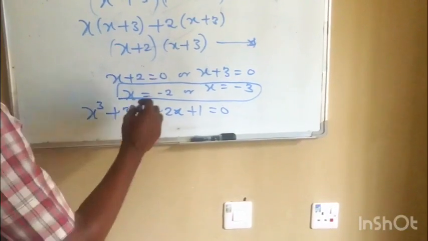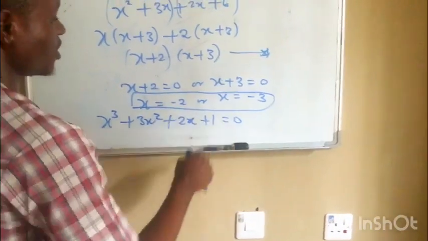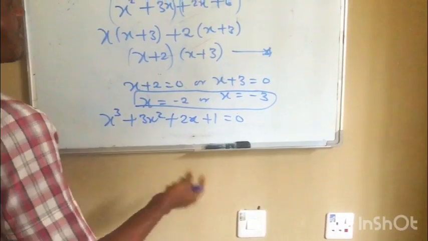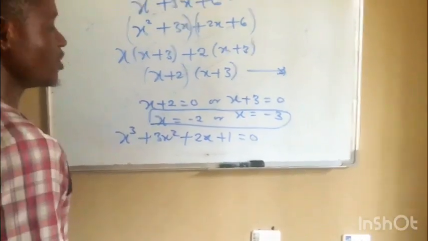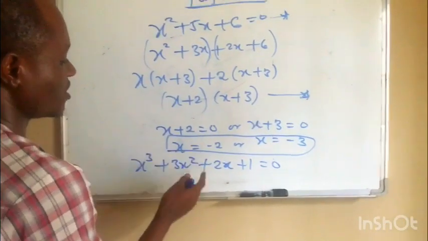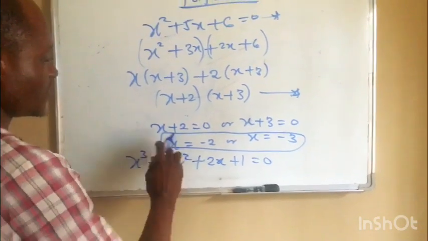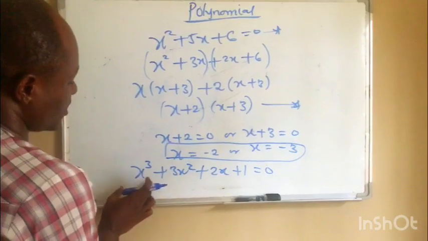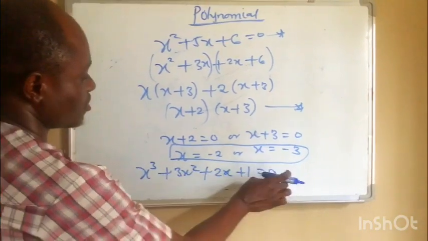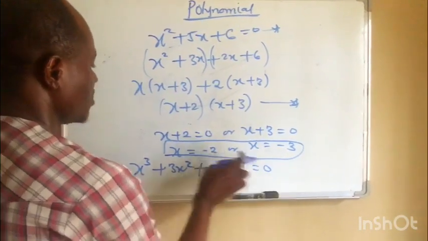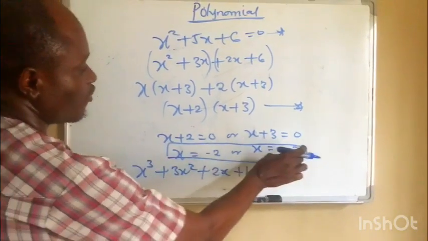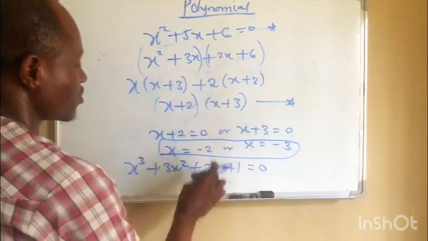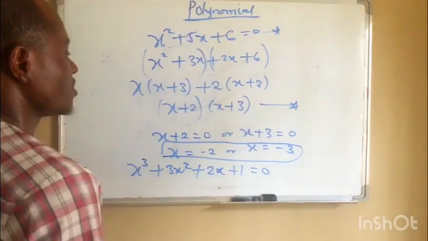Now if we can find a number that we substitute into this polynomial to give us 0, that means we can factor that polynomial. And we start from here. We start from something like x equals minus 2. So if minus 2 works, that is, if we substitute minus 2 into this equation and it gives us 0, that means we can also find another number that, when we substitute it, will give us 0.